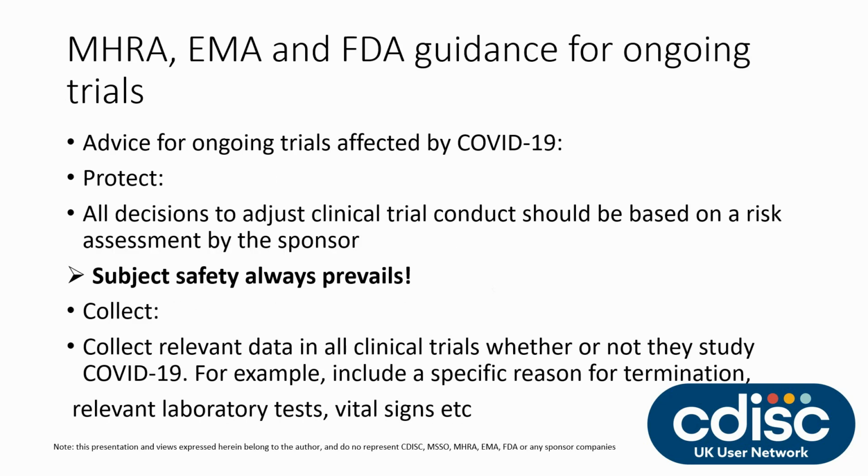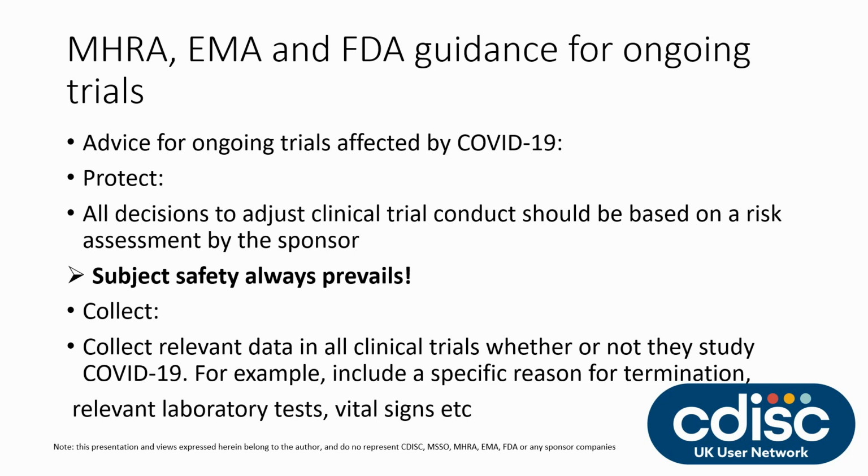So, in summary, the MHRA, the EMA, and FDA have all released guidance in the last week or two, advising steps to take for trials that may be affected by COVID-19. The biggest theme in all of this guidance is to protect those subjects in ongoing trials, regardless of indication, that could be affected by the COVID-19 outbreak.